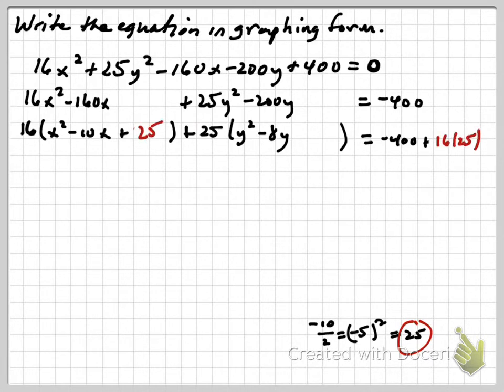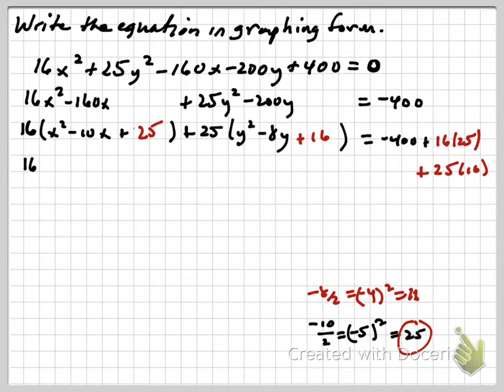You cannot forget that. And if I take the negative 8, divide it by negative 2, I get a negative 4, and I square that, I get a 16. So I'm supposed to put a 16 right here, and then I have 25 times a 16 that I have to add to both sides. It's imperative that you do that properly.